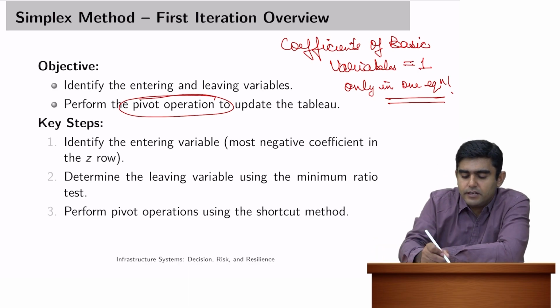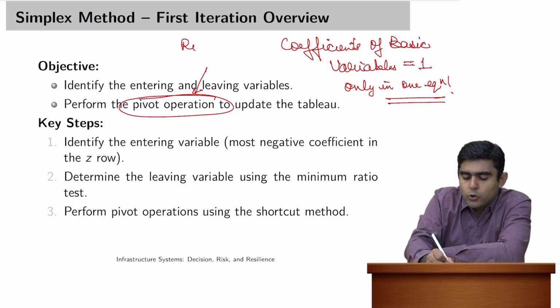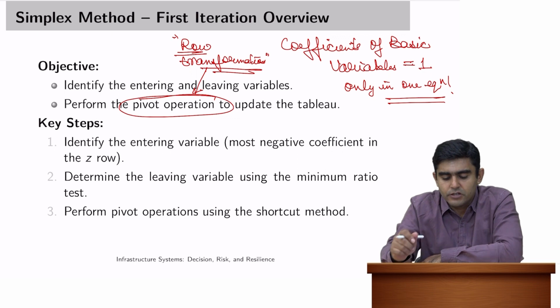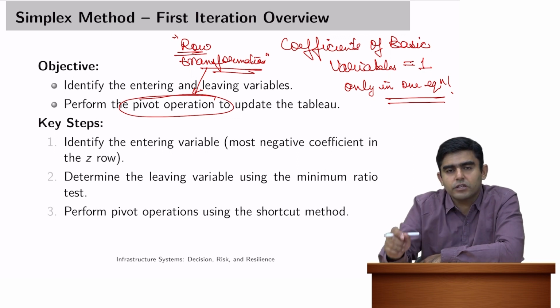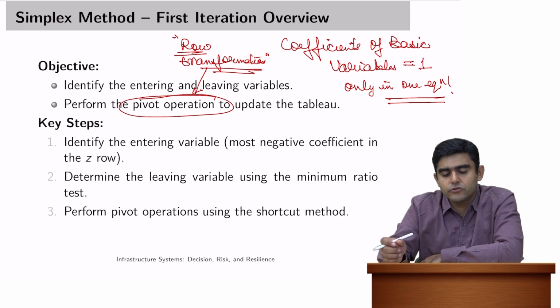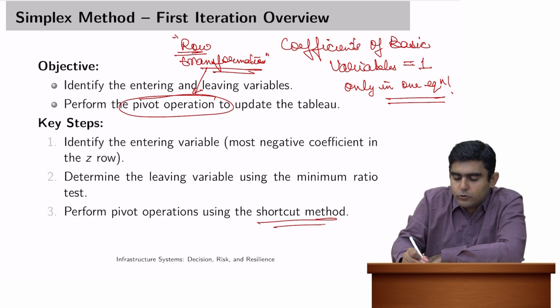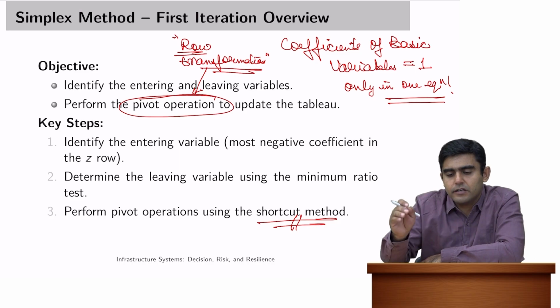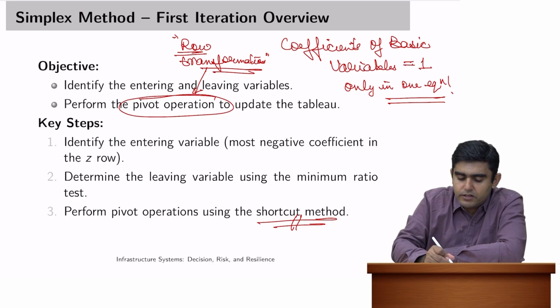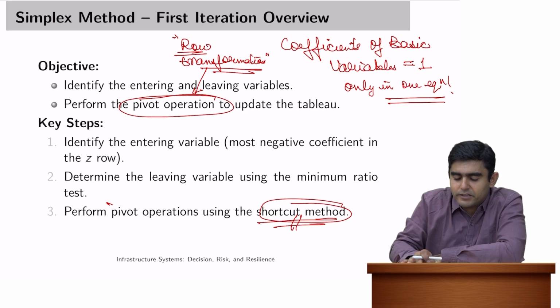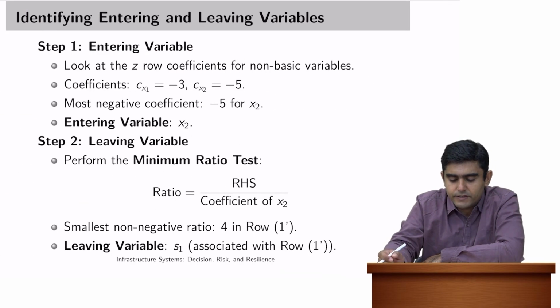Pivoting operation is nothing but, again as I said, the row transformations applied to the system of equations that we have dealt with widely, making sure that the coefficients are 1 and so on, by ensuring that all these equations are expressed in the most linearly independent form possible. And here, rather than handling the system of equations again and again, we will learn something called an easy method to update the coefficients efficiently.